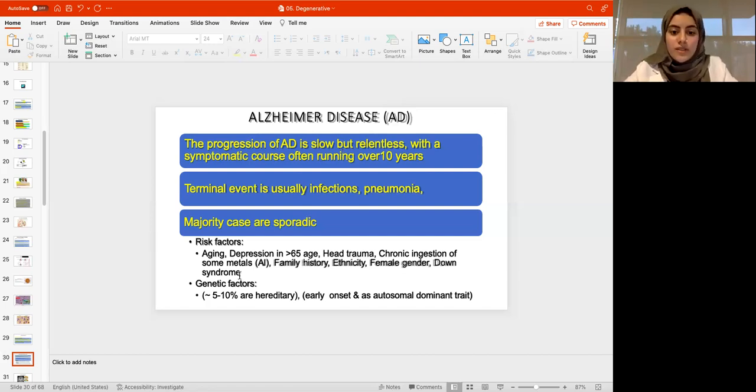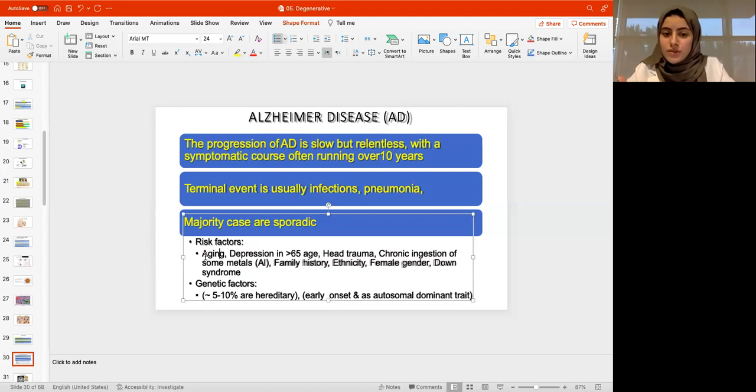And these are the risk factors. As I mentioned, he mentioned them here. They're also mentioned in pathology. You need to remember them. Age is a very important risk factor. So let's say they don't have Down syndrome and they don't have any mutation, what would cause a normal person to have AD? Just simply being old, simply reaching that age. The person is more fragile, his brain is more fragile, so he can have that.